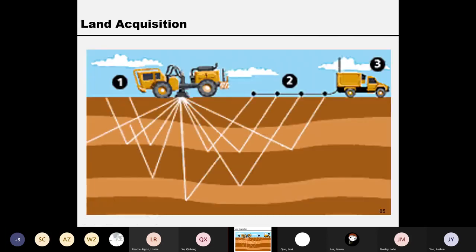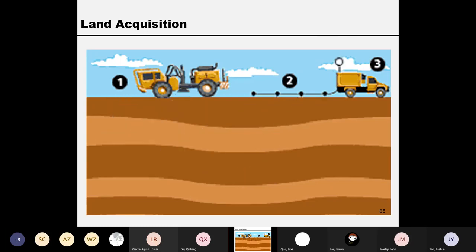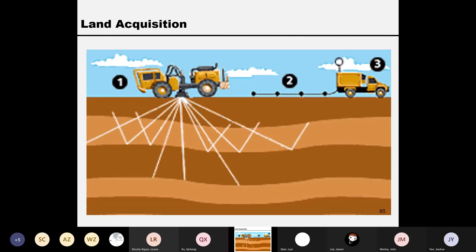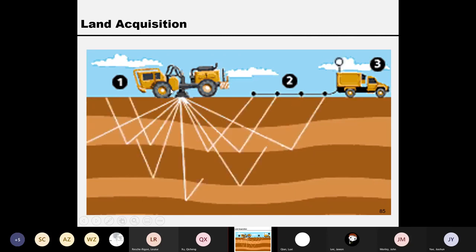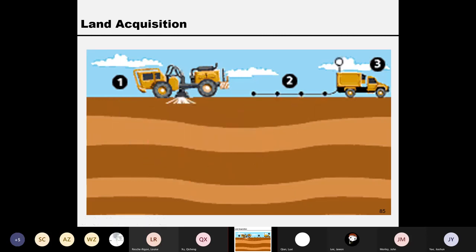So that's a typical acquisition. I said in the field you need a number of sources, but because the vibrator is quite heavy, actually it's not the exact number of sources. It's a single truck, but they move, shifting at a constant distance.